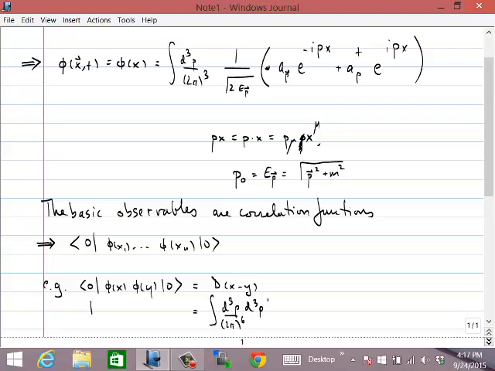And because we're sandwiching them between these vacuum states, and A annihilates the vacuum state when acting from the left, and A dagger will annihilate the vacuum state when acting from the right, the only non-trivial term that we get here is an integral d3p of e to the minus i p dot x plus i p dot y times the expectation value of A_p times A_p prime dagger. Okay.